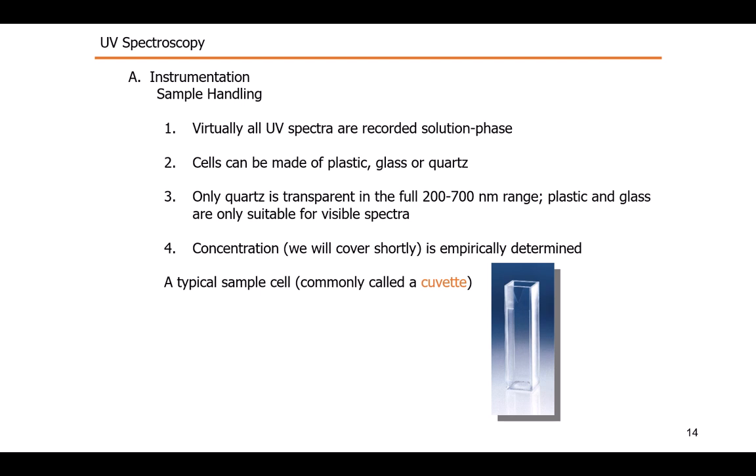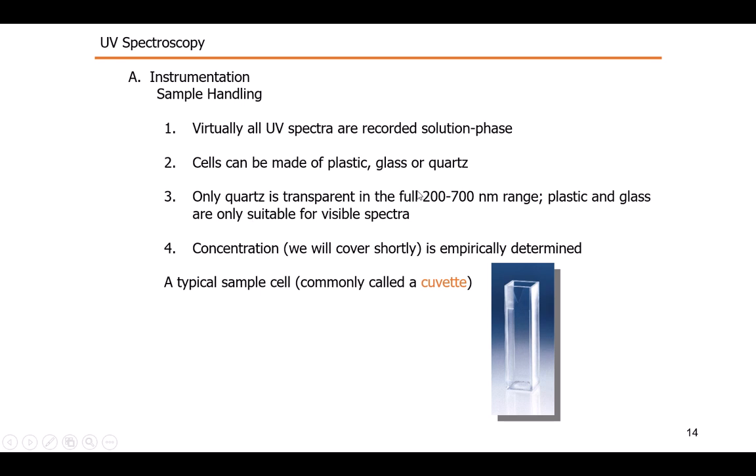Sample handling. Virtually all UV spectra are recorded in solution phase. We first make the solution of the sample, then we use it in the UV visible spectrophotometer. Cells, which are also called cuvettes, are made of plastic, glass or quartz.